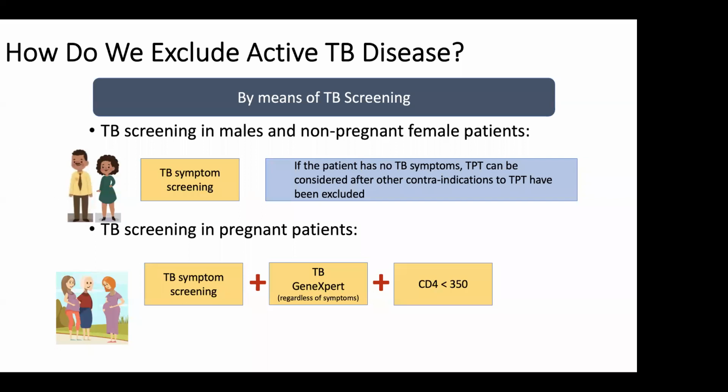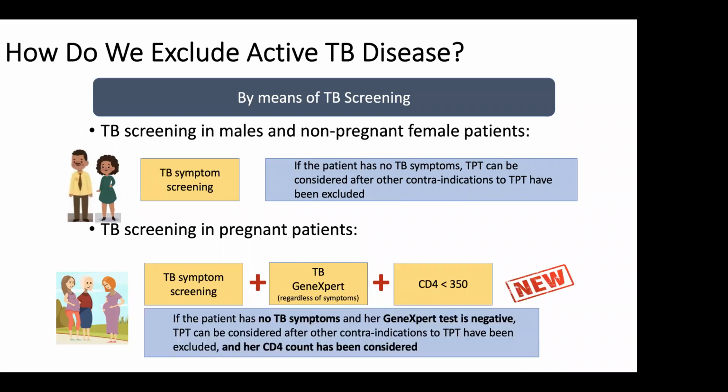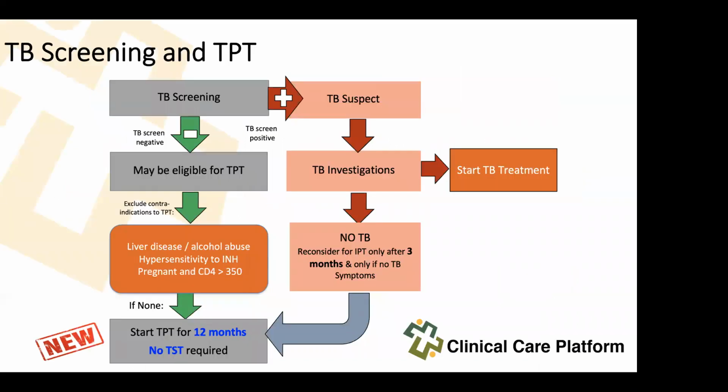So it's a risk-benefit balance more than anything. So in pregnancy, we need to meet all three requirements. She must be asymptomatic, the GeneXpert must be negative, and she must have a CD4 count that is less than 350 if we are going to get the greatest benefit right there. All right. And this is the basic algorithm.